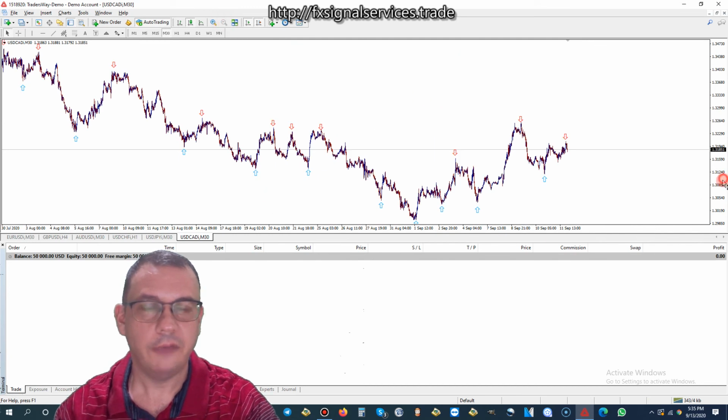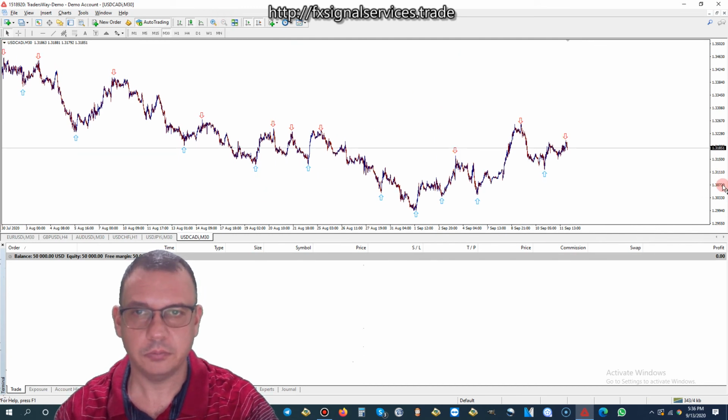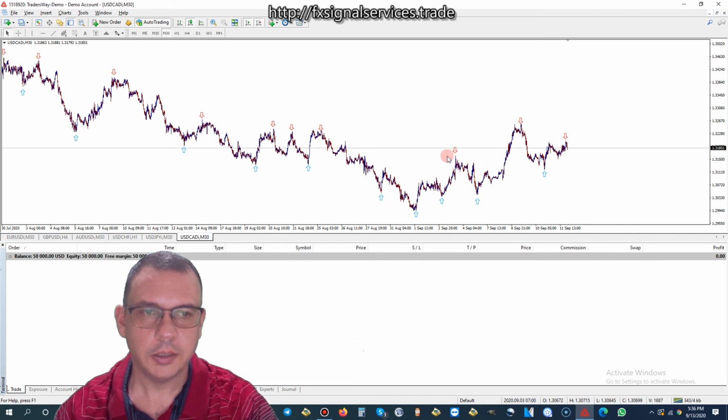Okay, if we look here, if we zoom out on a 30-minute time frame, we have, you know, 3 buy signals in a row and a red arrow. There was no loss there. Buy, sell, that was a good one there. Close here.